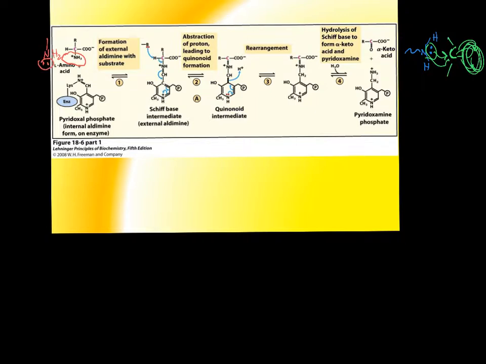All this does is this nitrogen comes in and reacts twice, and it displaces the lysine of the enzyme. The lysine is still held in the enzyme, but the enzyme is no longer attached to the pyridoxal phosphate. Instead, now the imine is between the amino donor for the aminotransferase and the cofactor.